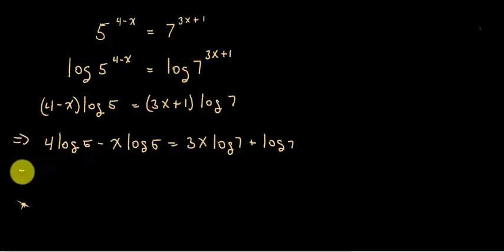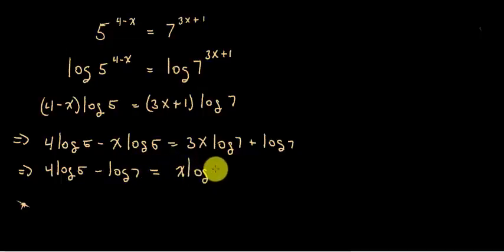When I do that, I get 4 log 5 minus log 7 is equal to x log 5 plus 3x log 7.